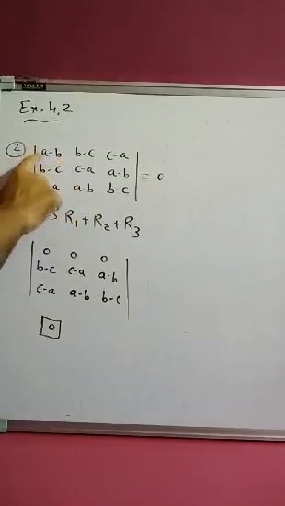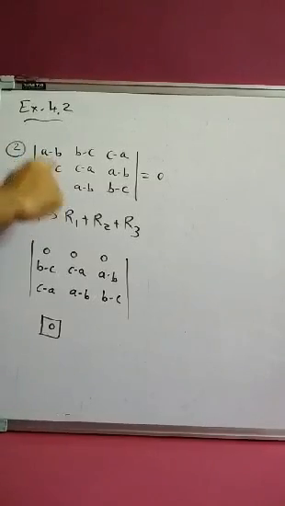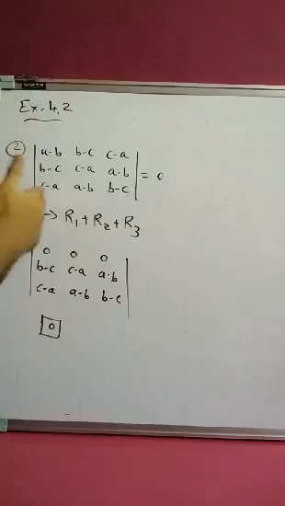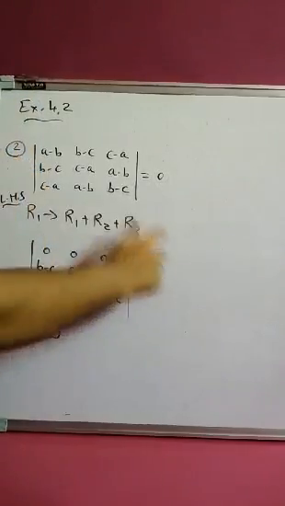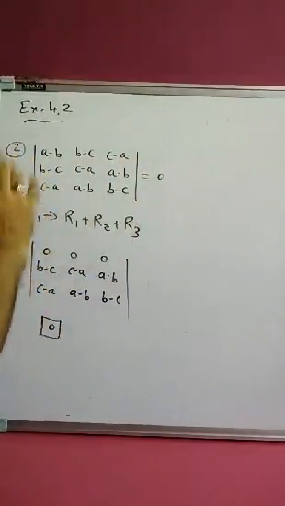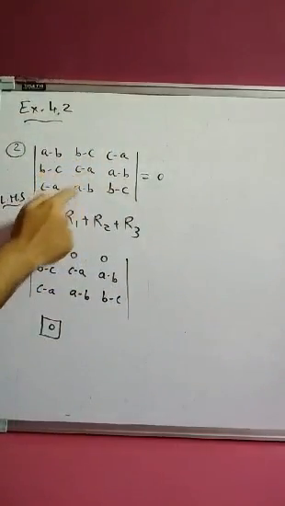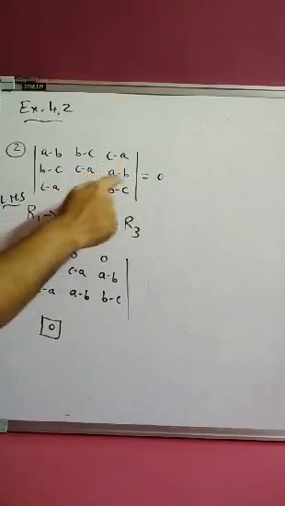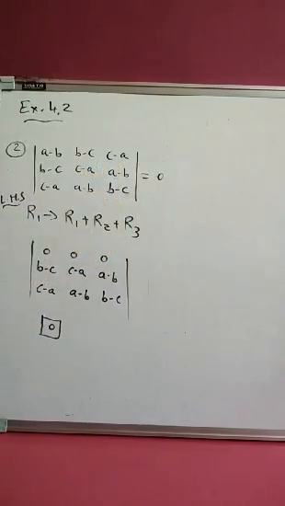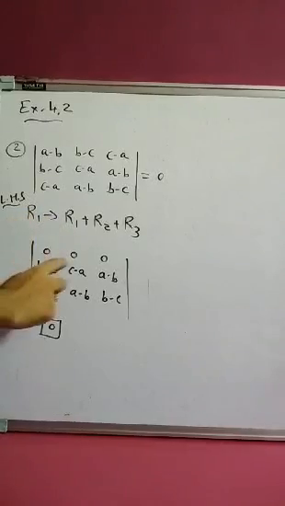Here all the letters in this column are opposite to each other: plus a minus b, plus b minus c, plus c minus a. So if we add row 1 plus row 2 plus row 3 in row 1, we get 0.